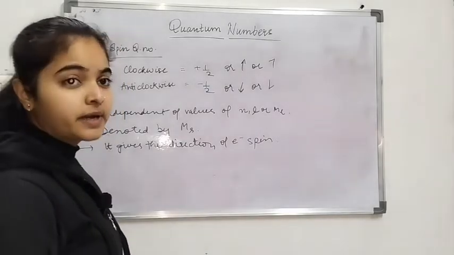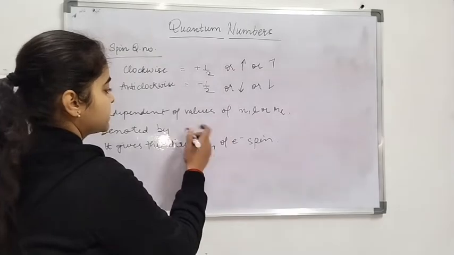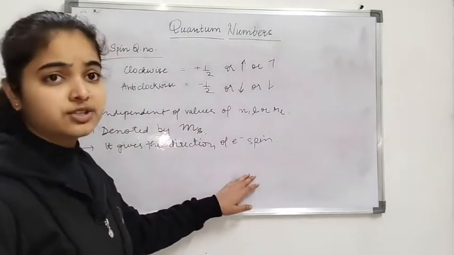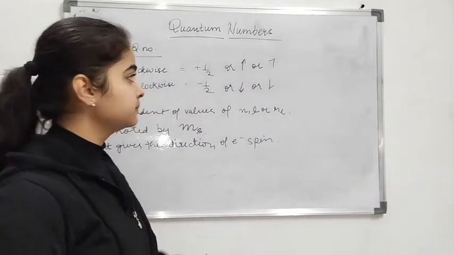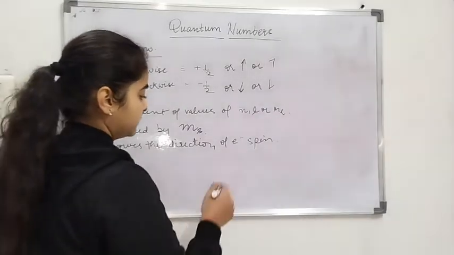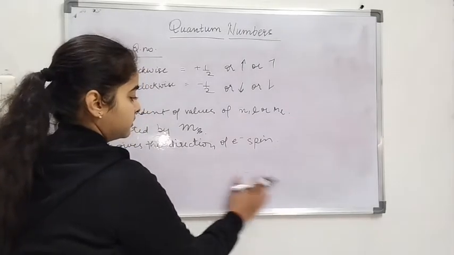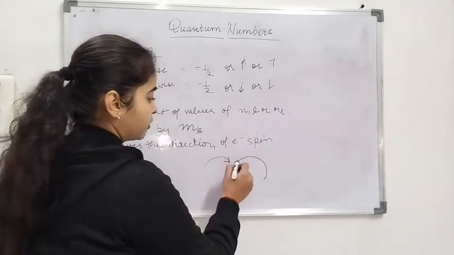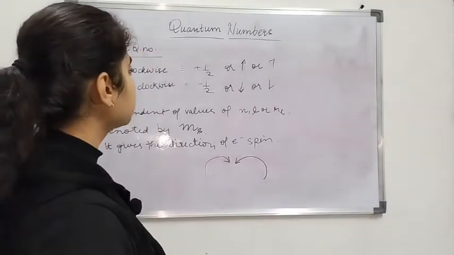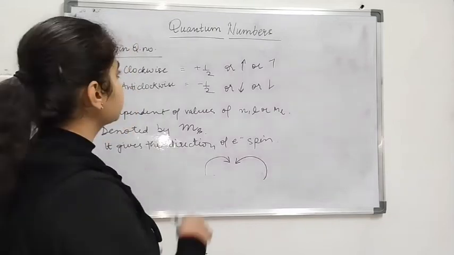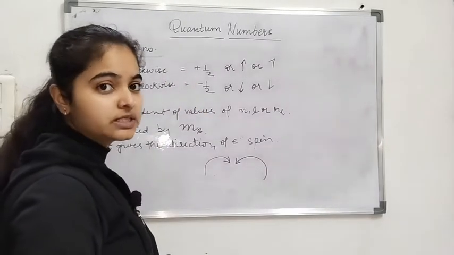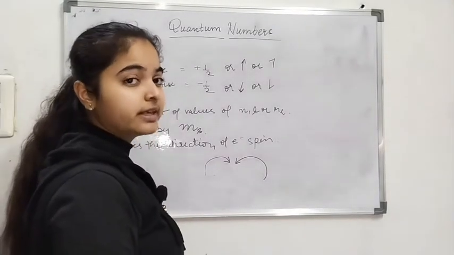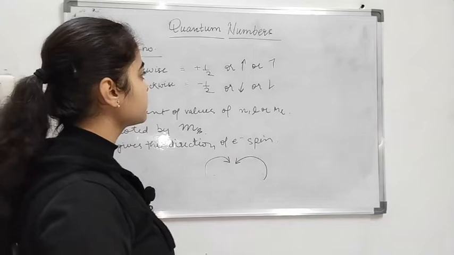It is denoted by small m s, and it gives the direction in which the electron is spinning. An electron can spin in one of two ways, clockwise or anti-clockwise. If the electron is spinning clockwise, then the value of spin quantum number will be plus 1/2. And if it is spinning anti-clockwise, then its value will be minus 1/2.